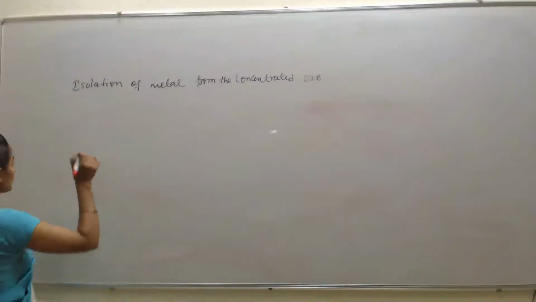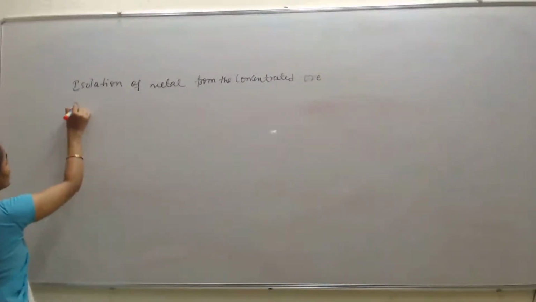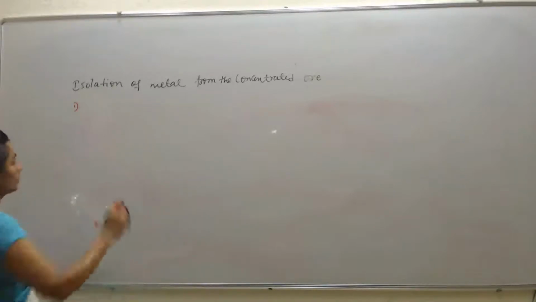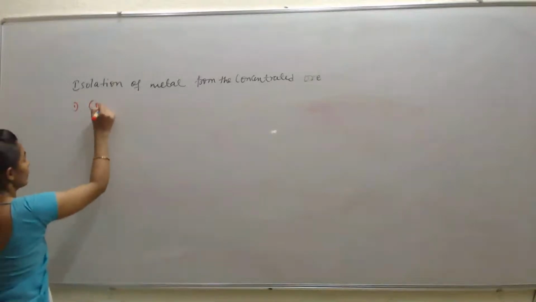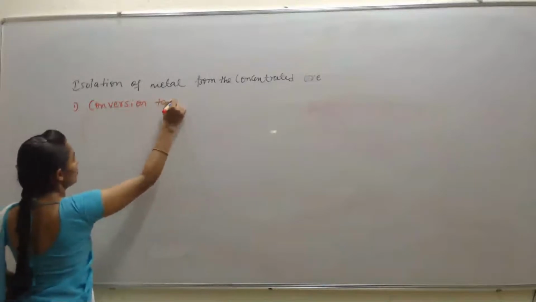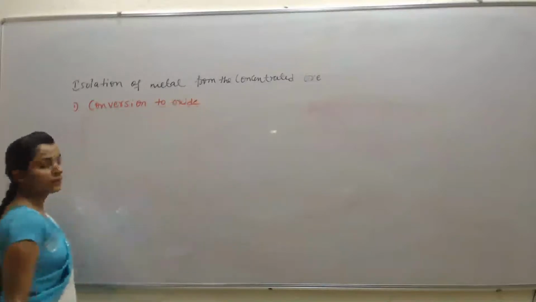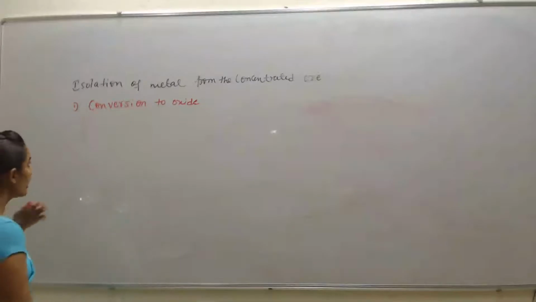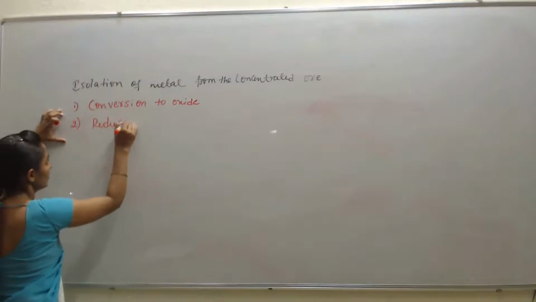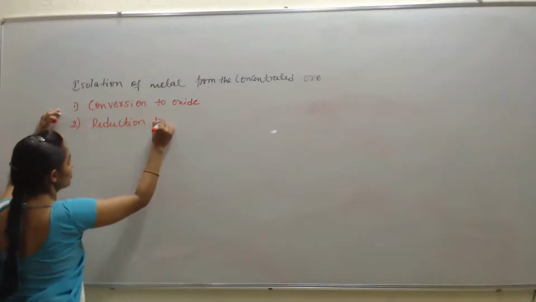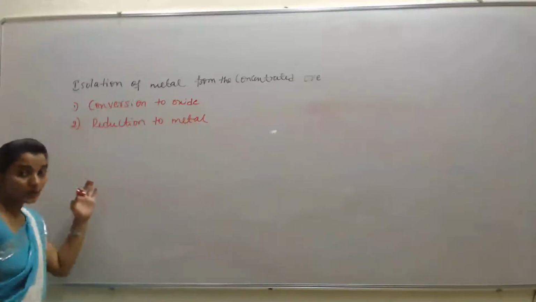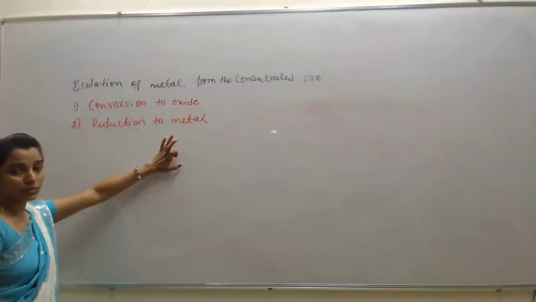Here the first one is conversion of ore to oxide. The ore is converted to what? Oxides. Second one is reduction to metal. Converted to oxide and reduced to metal.